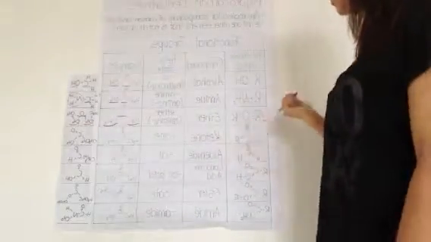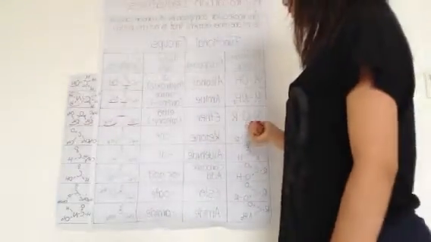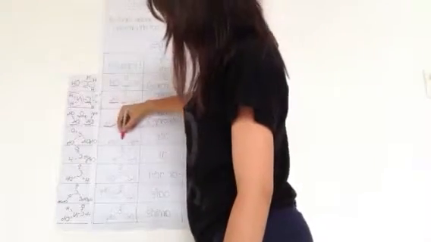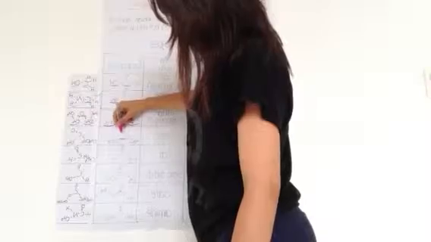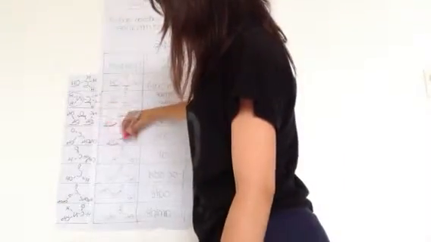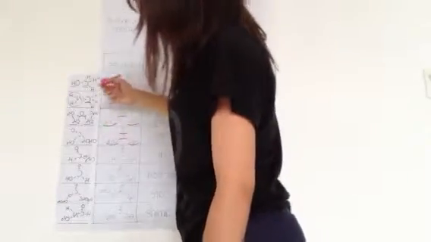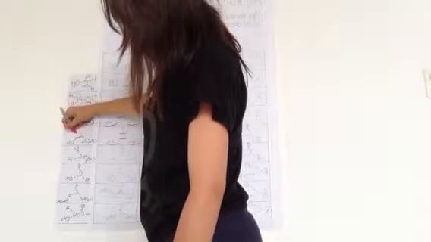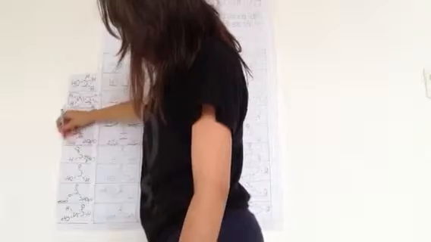Then we have ketone. The C is bonded to a double oxygen. Here is the C bonded to the double oxygen, and it has another chain. Here CH3, CH3. Here we have the central carbon, the double oxygen, and the other chains.